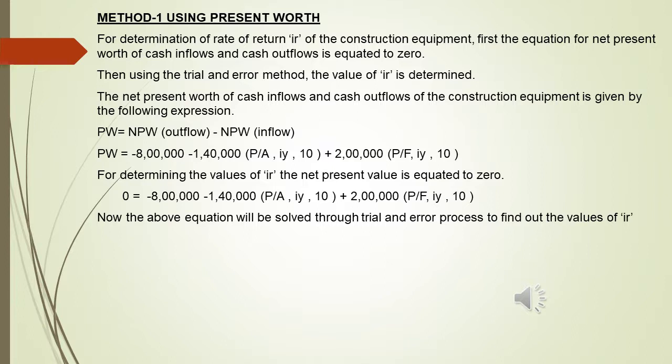So this is the equation we have taken from the derivation. Okay, for determining the value of IR, you have to equate it to 0. So 0 equals the same equation.